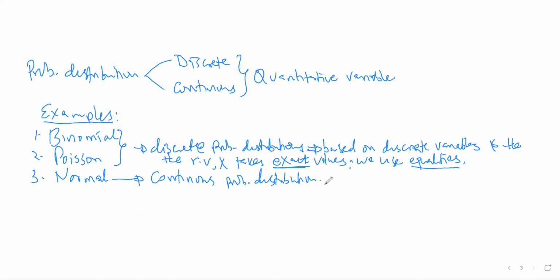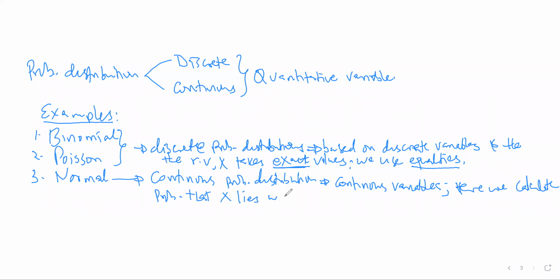Now, continuous probability distributions are based on continuous variables. Here we calculate the probability that X lies within a given interval, as opposed to X taking an exact value.